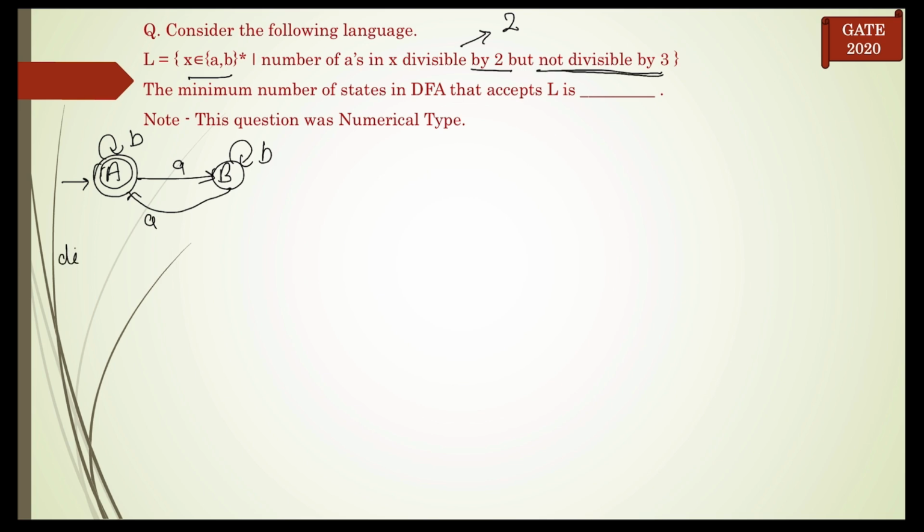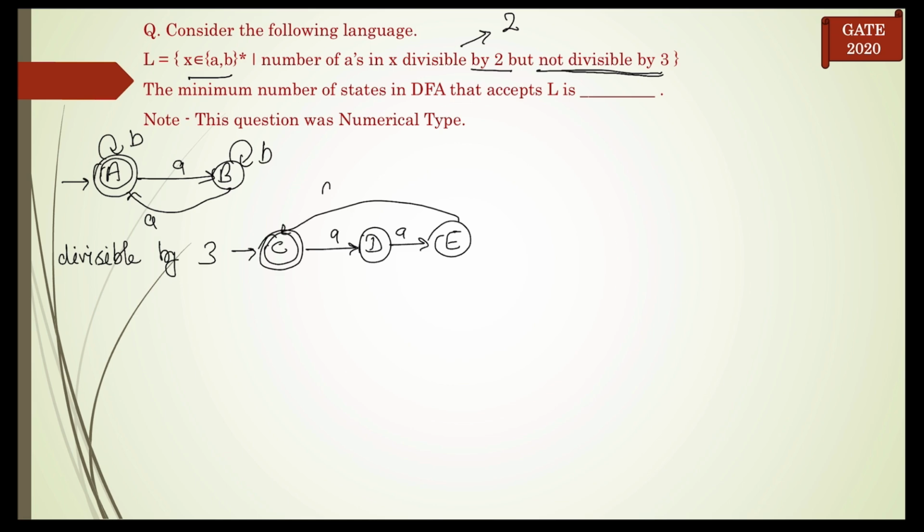But not divisible by 3. So first we will construct a DFA which is divisible by 3. So here we will have 3 states, and since there is no restriction on B, we can apply the self loop.